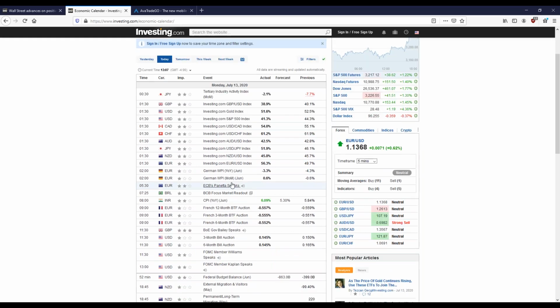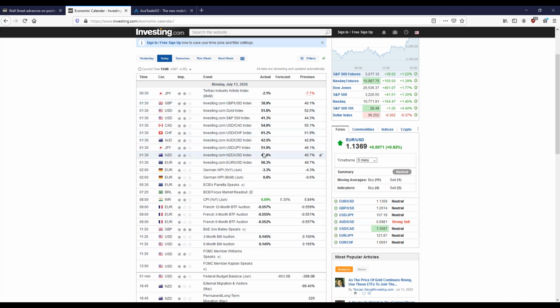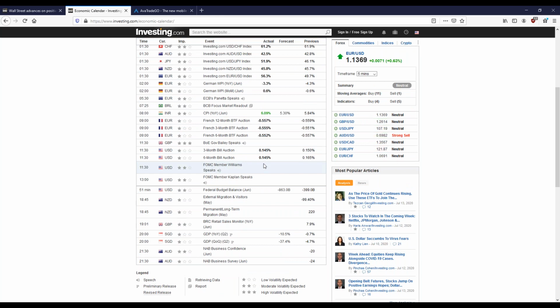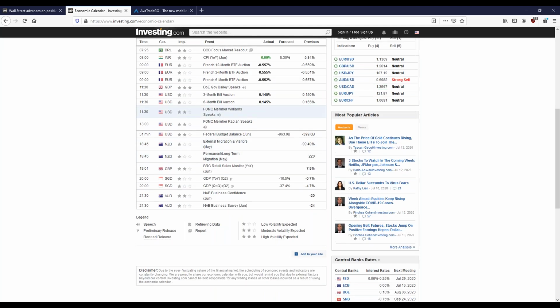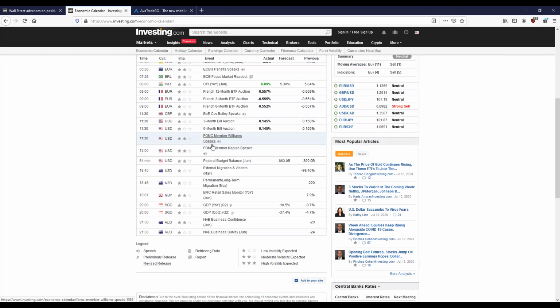If we look at the economic announcements, not much going on, nothing negative. They're all as expected or better than expected across the different countries, economic announcements that came out. And then we've got an FOMC member, that could be important, talking later today in the US. Those are the folks who decide monetary policy in the US. So yeah, sometimes they can put a damper on momentum depending on what they say.